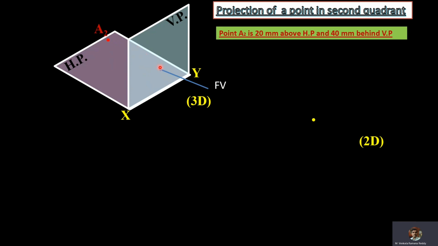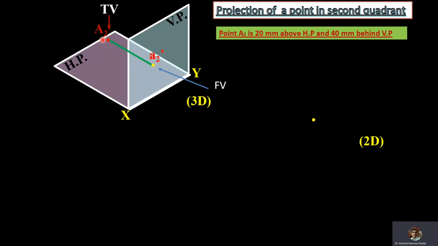The front view is projected onto the vertical plane, and we'll see the distance of the point from the horizontal plane. So this is the image of the point in front view, A2 dash. Here we'll see the distance from the horizontal plane, that is 20 mm above HP.